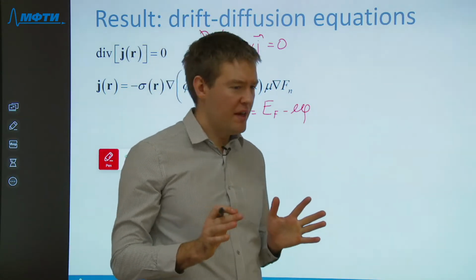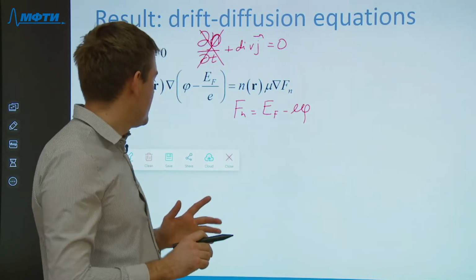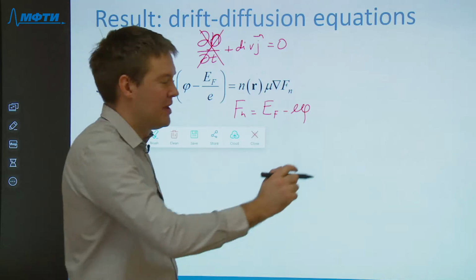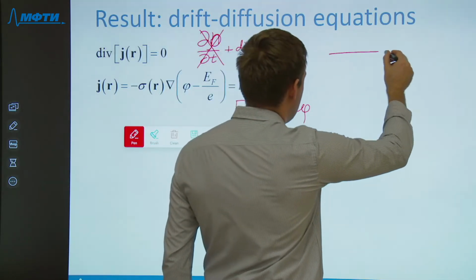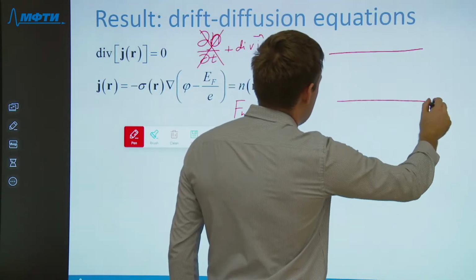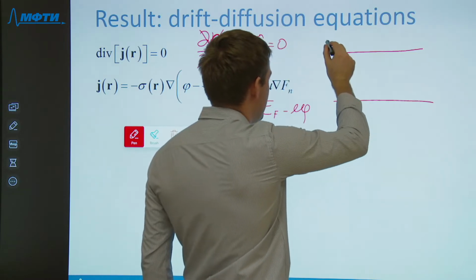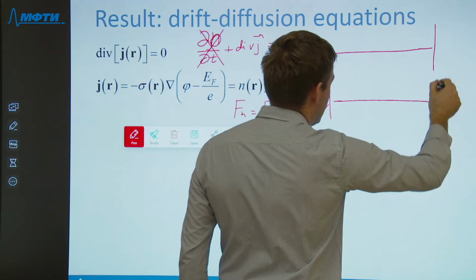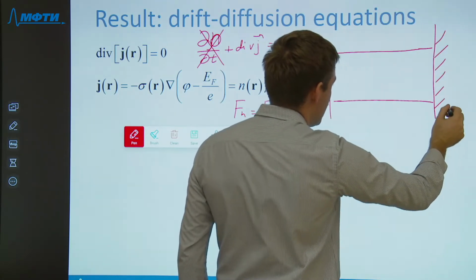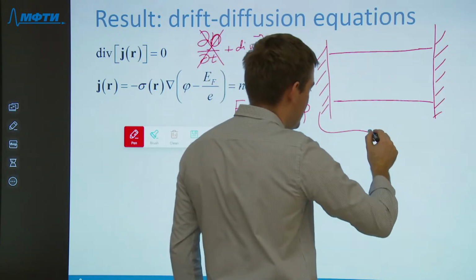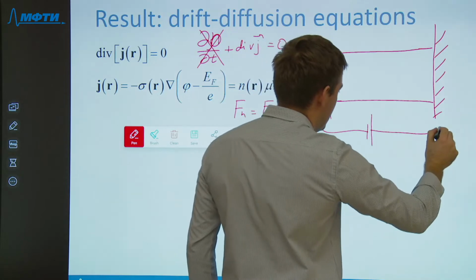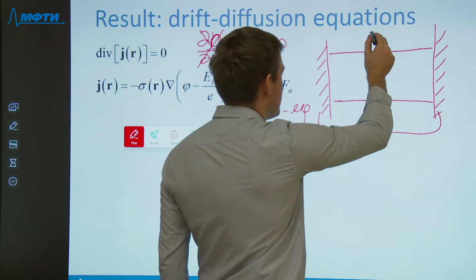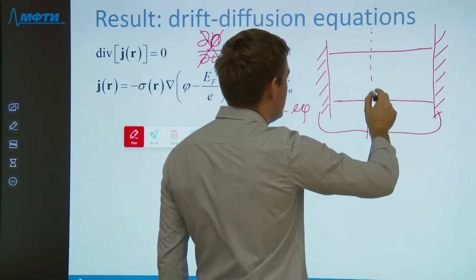Well, assume the following situation. I will try to sketch it, and probably you will get involved in the work. Let us try to find the transport in a piece of semiconductor, to find the current-voltage characteristic, if a piece of semiconductor is connected to the voltage source. And let this piece of semiconductor be doped non-uniformly.